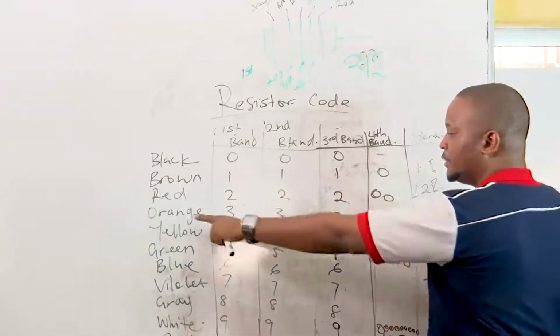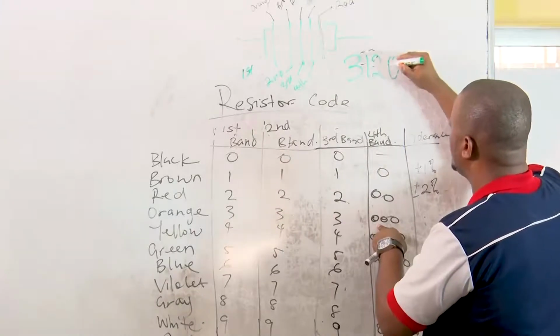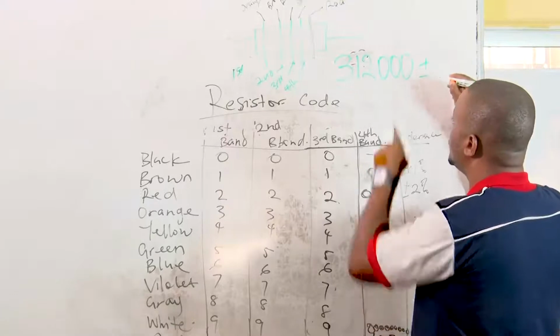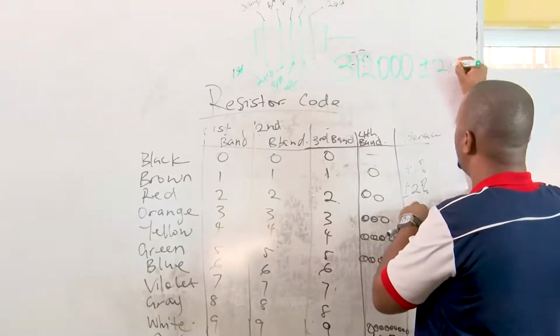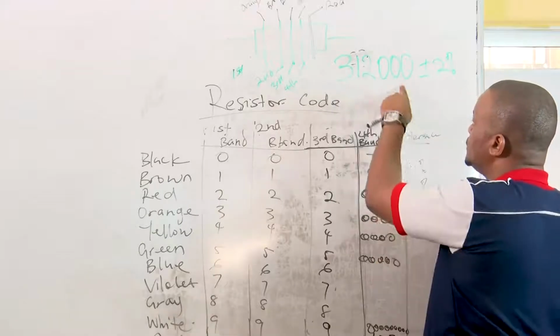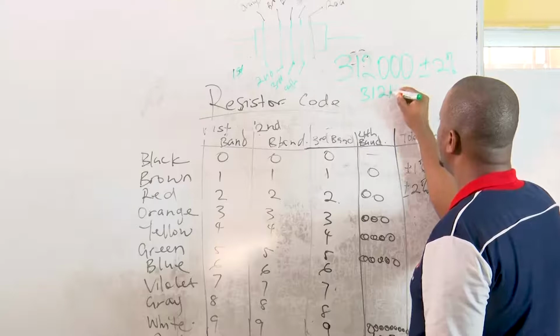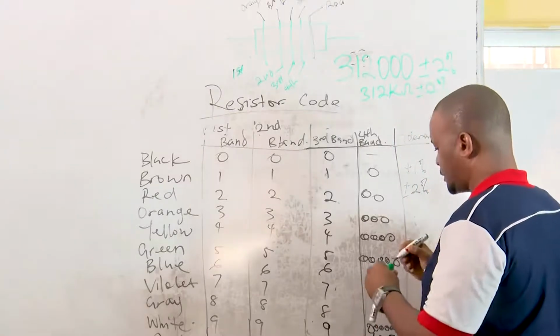Of course, orange, which is 3. And then you expect to have what? 3 zeros. Okay? Plus or minus, red is what? Plus or minus 2%. So this will give you 312 kilo ohms plus or minus 2%.